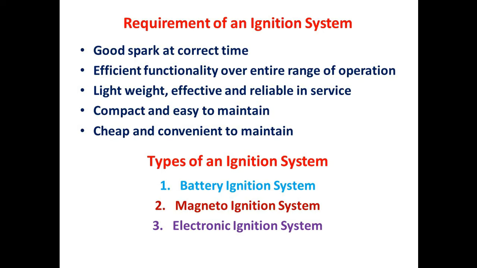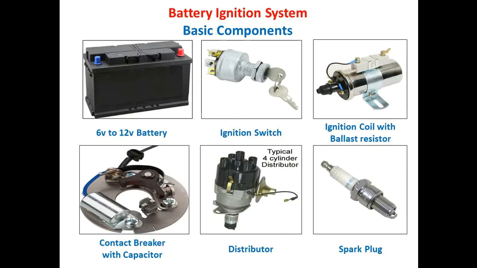Before going to the types of ignition system, we will see what the basic components required for the battery ignition system are. The first essential component is the battery of the ignition system. Generally, a 6 volt to 12 volt battery is utilized in automobiles.